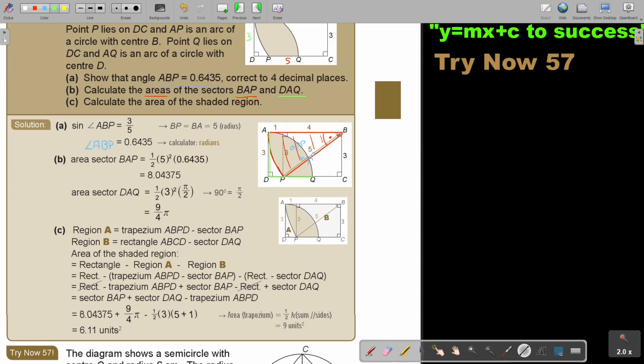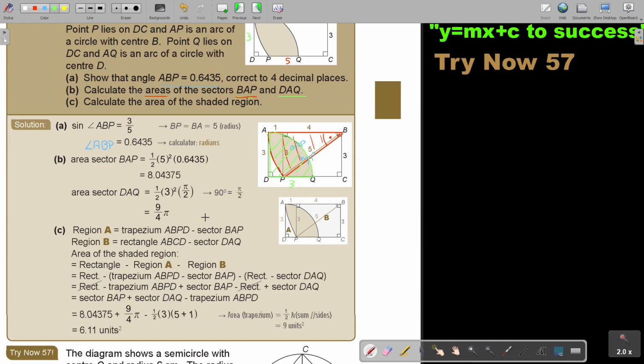DAQ is this one, and then it would be this one. Now, don't forget that this angle is 90 in degrees, but in terms of radians, it's pi over 2. So I do exactly the same. There is my angle, I have it. So it's half the radius squared multiplied by the angle. And I can keep it in terms of pi if I have it.